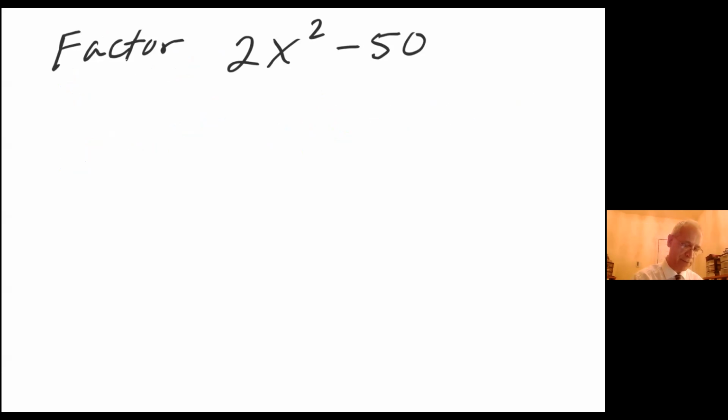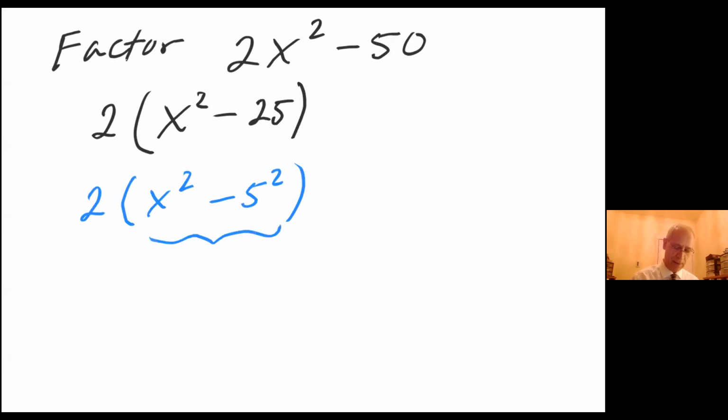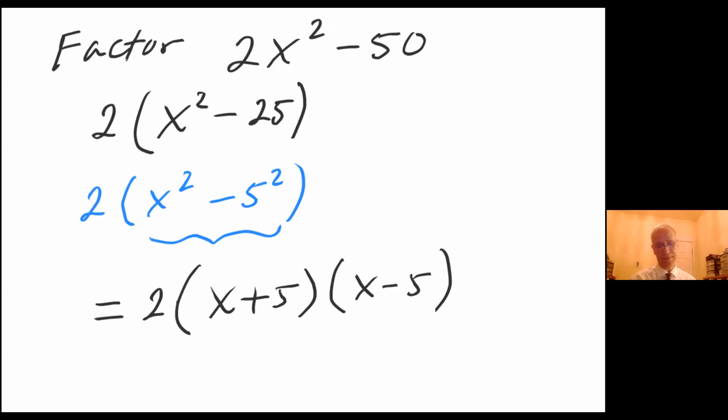So first I'm going to factor the 2 out. Now I have x squared minus 25, and I can rewrite that as x to the second minus 5 to the second. And now I can factor inside of this parenthesis. And so this equals 2 times x plus 5, x minus 5.